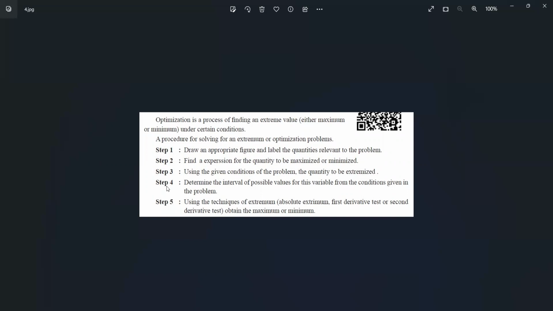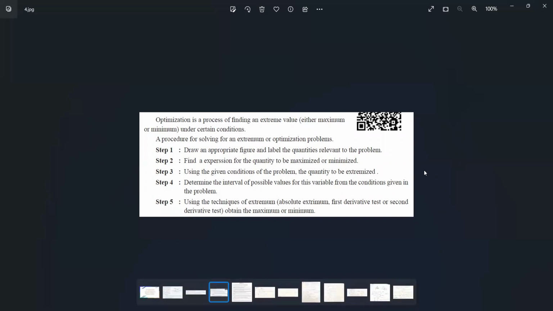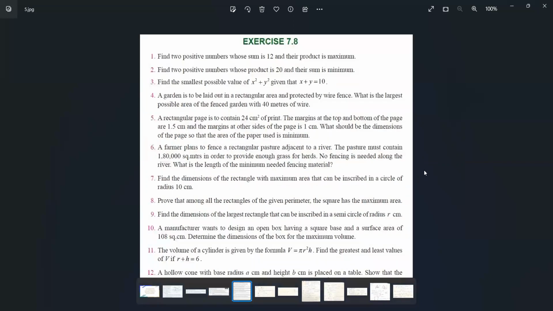Then we determine the interval of possible values for this variable from the conditions given in the problem. And then we use techniques, that is absolute extremum and the second derivative test, to get the maximum or minimum. So based on this, we'll approach this exercise.